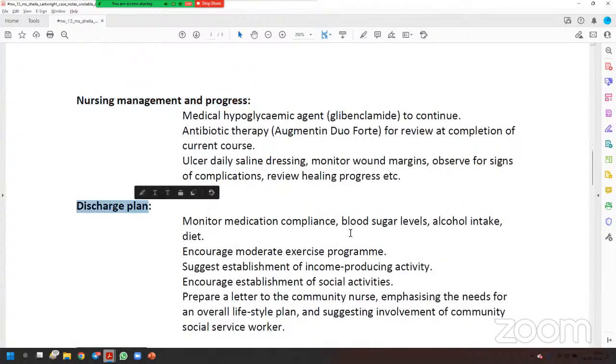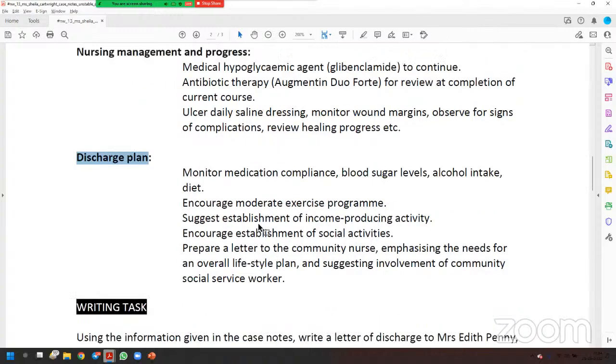This is the discharge plan. Okay, discharge. So what is required?